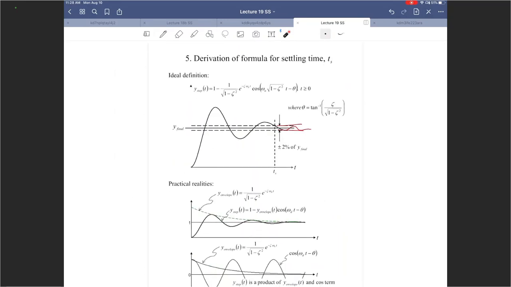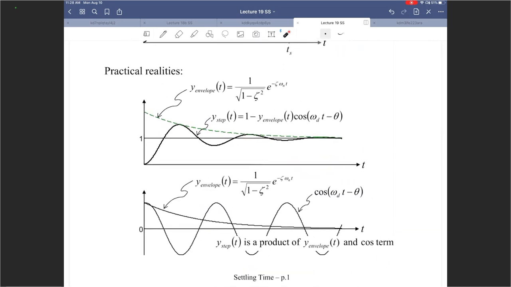What we are going to do is, instead of taking a look at oscillations, we will take a look at the envelope of those oscillations. And you will see that the envelope actually is an exponential envelope here. And that is given by this equation here. Y envelope of t is this particular exponential decay.